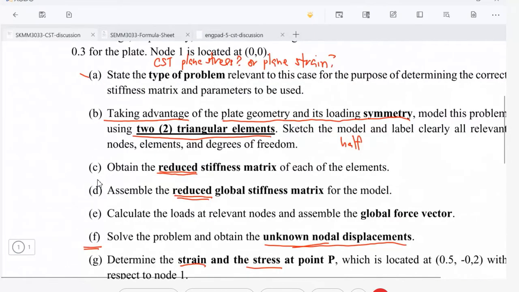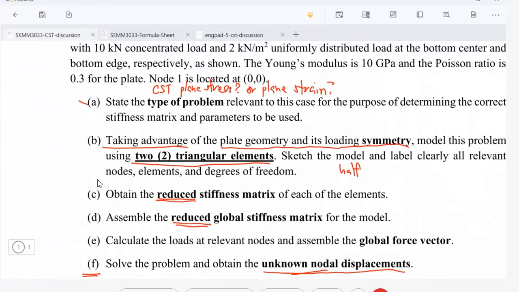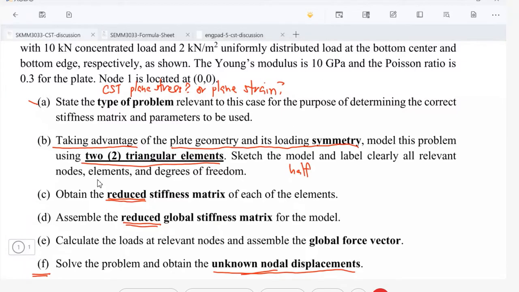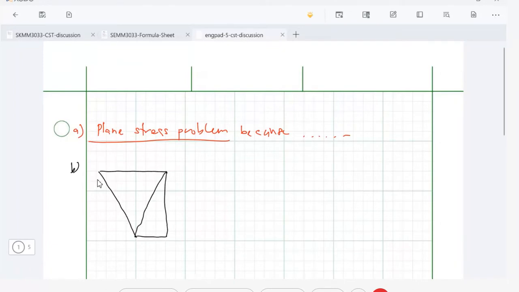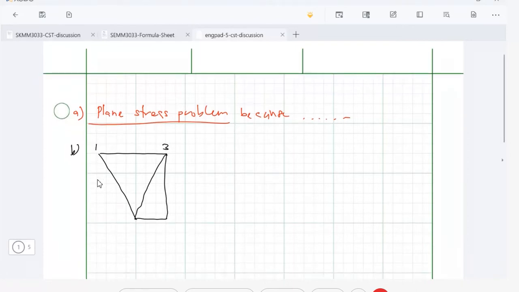Sketch the model and clearly label all relevant nodes, elements, and degrees of freedom. So let's do this. Okay, part B. Note that I'll be using the same original node numbering: this is node 1, no change, and this is 4.